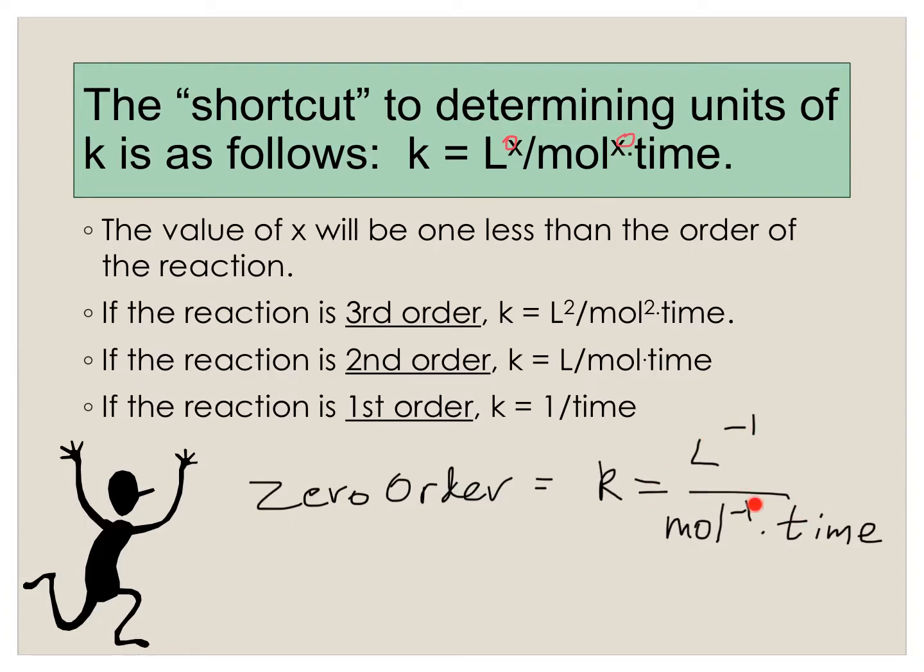You, however, will not see it like this very often, because having something to the negative 1 exponent would be the same thing as moles over liter per time. Which makes sense. When we looked at 0 order reactions on our graph, we found that it was the concentration per time, moles per liter per time.